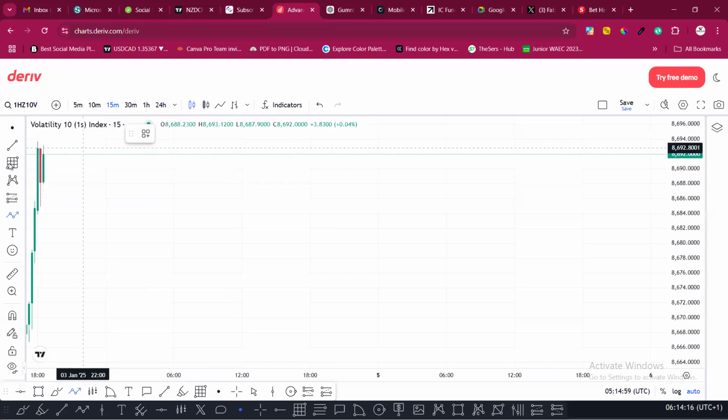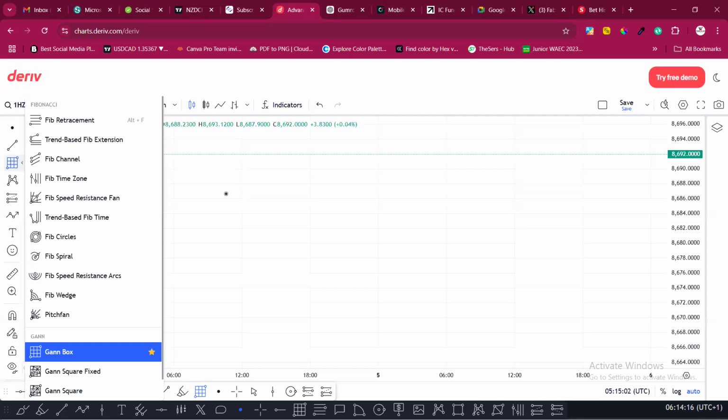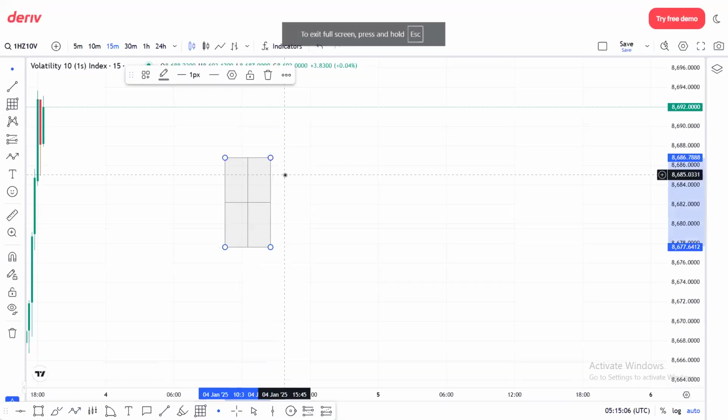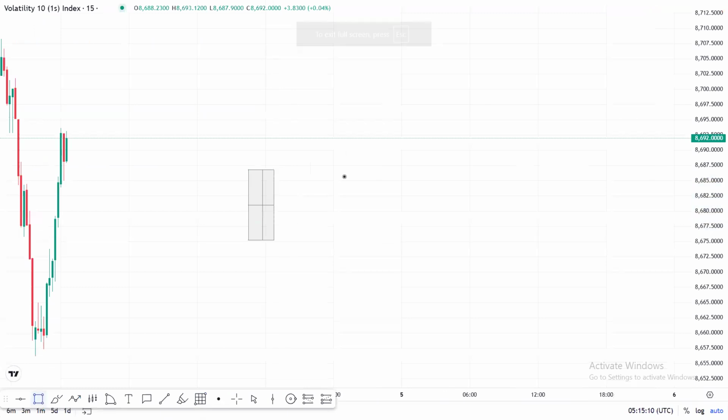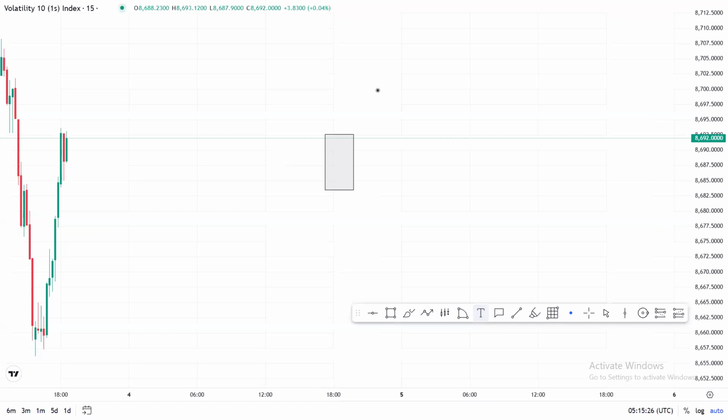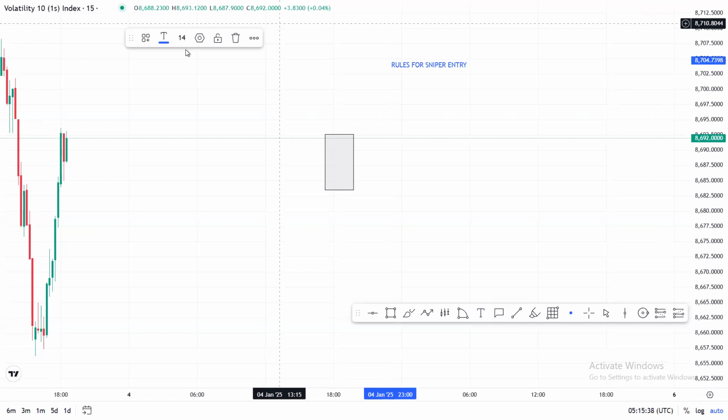So all we are looking for is bullish engulfing, right? So we're looking for bullish. Okay, let me just use this. So what time frames are we using?